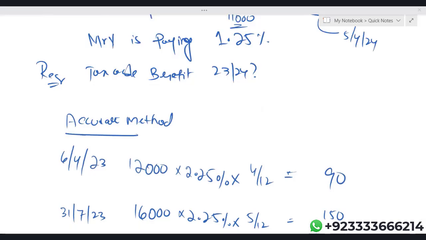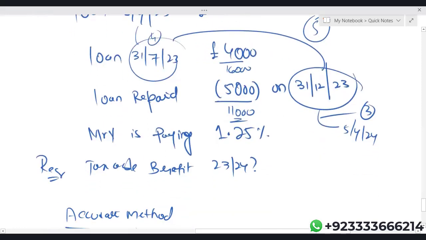Where did we count 3 by 12? Look at this, please. From December 23 till 5th April 24, the time period is 3 months. Is this clear now? How did I get this 3? Yes.